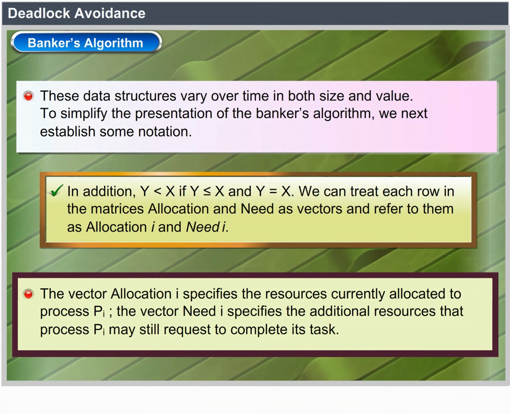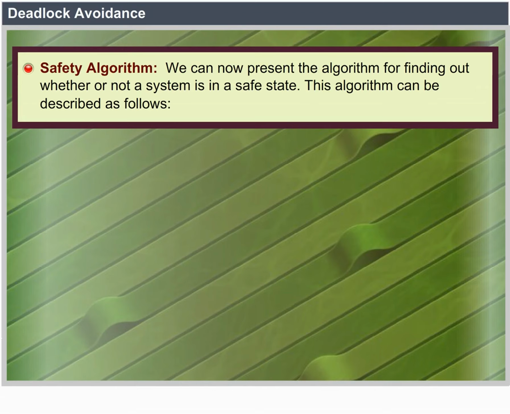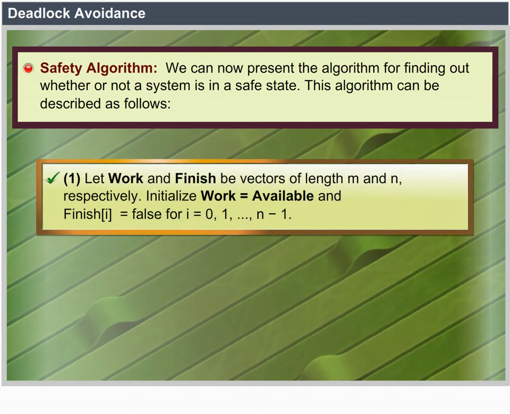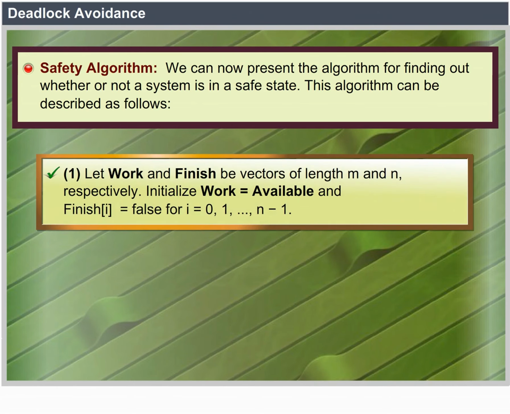Safety algorithm. We can now present the algorithm for finding out whether or not a system is in a safe state. This algorithm can be described as follows. 1. Let Work and Finish be vectors of length m and n respectively. Initialize Work equals Available and Finish[i] equals false for i equals 0, 1, and so on till n minus 1. 2.